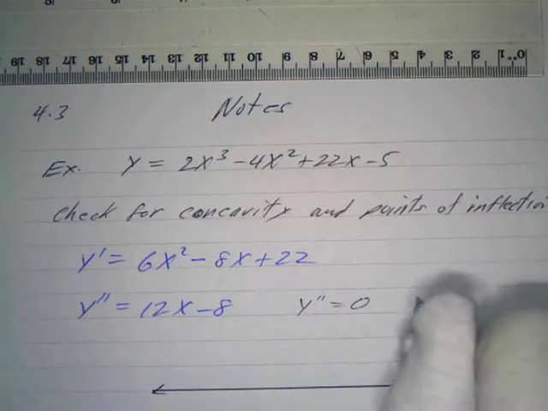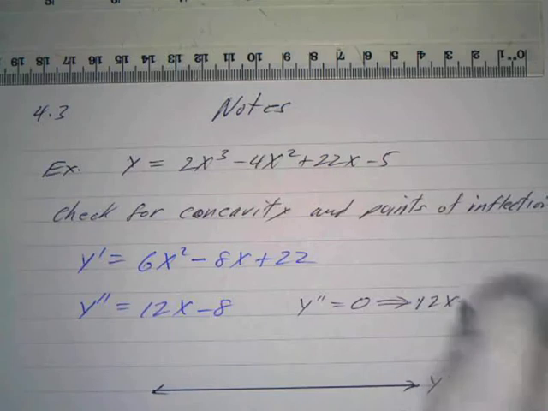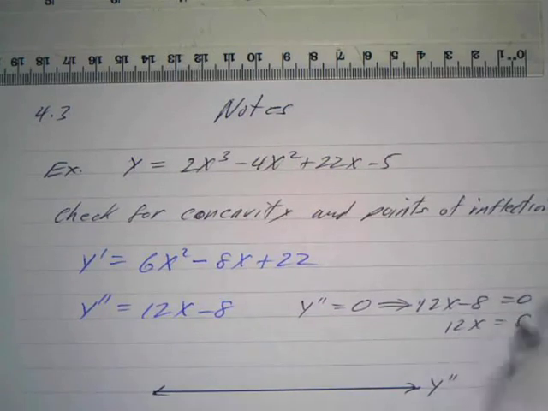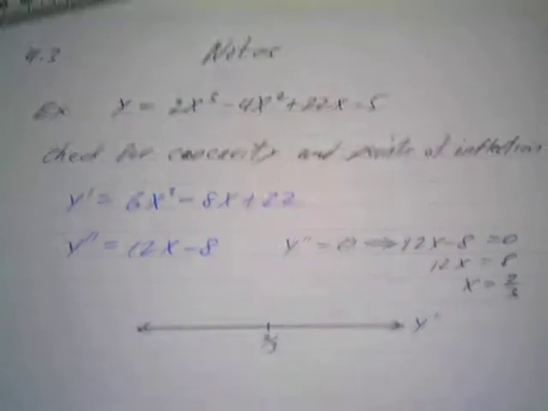That implies 12x minus 8 equals 0, or 12x equals 8, or x equals 2/3. So that's going to be a critical point, or a possible point of inflection.